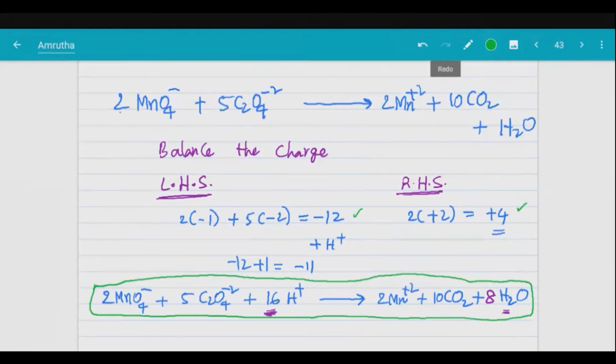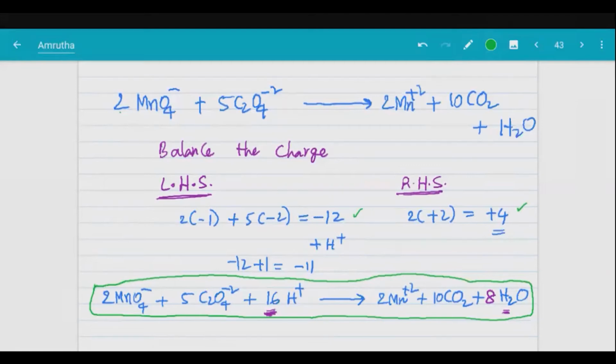In redox reactions, it will be mentioned: balance the reaction in acidic medium or balance the reaction in basic medium. How do we know this reaction is in acidic medium? Because H plus is mentioned. H plus is for acids, OH minus is for bases. If basic medium had been given, we should use OH minus to balance charge.